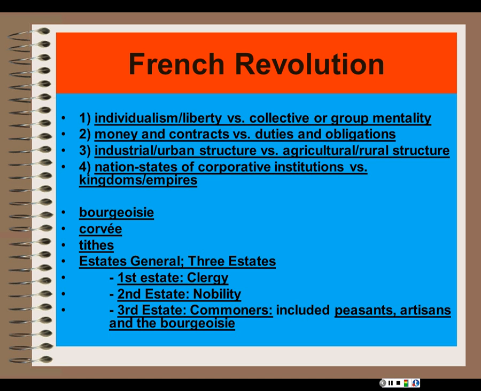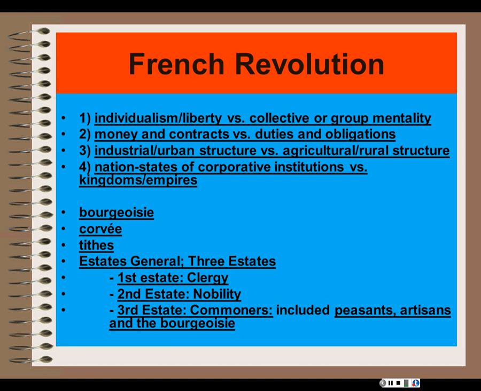There were all kinds of remnants of feudalism left on the eve of the French Revolution. These things included corvée labor, forced labor, dues and taxes of all kinds. The peasants paid tithes to the church, and these church tithes averaged as high as 7 to 8% of their income.